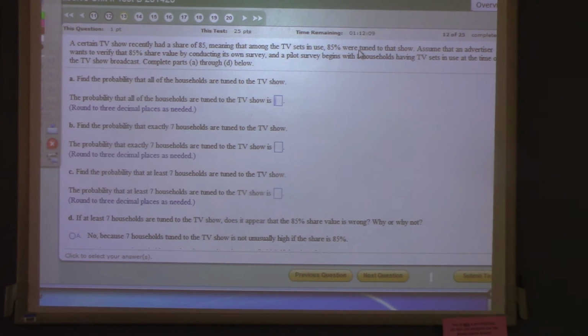Well, let's highlight the word all. So what is X going to be?